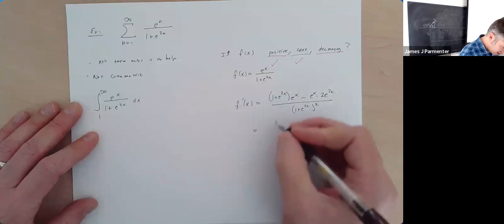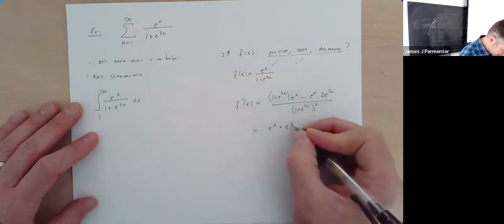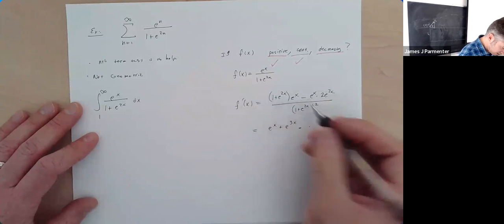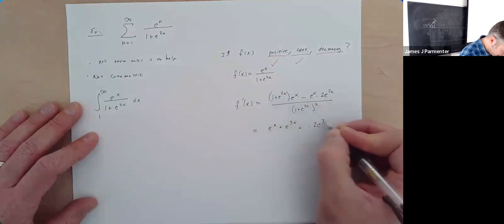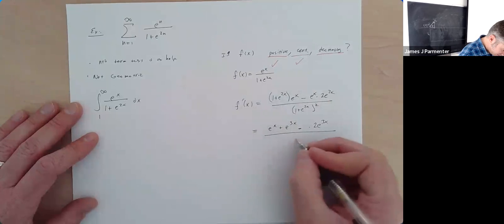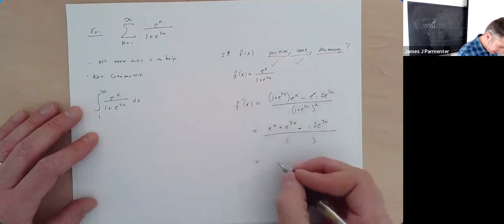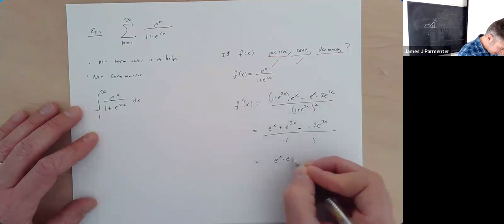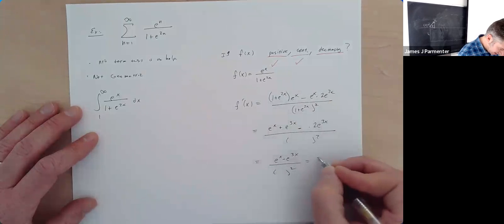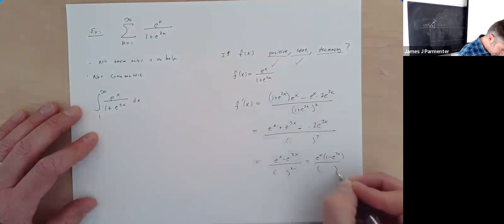So this is, let's see, e to the x plus e to the 2x times e to the x is e to the 3x, minus 2e to the 3x, all over, I don't really care. And then simplifying the top a little bit more, I've got e to the x minus e to the 3x over whatever squared. And that's e to the x times 1 minus e to the 2x over whatever squared.